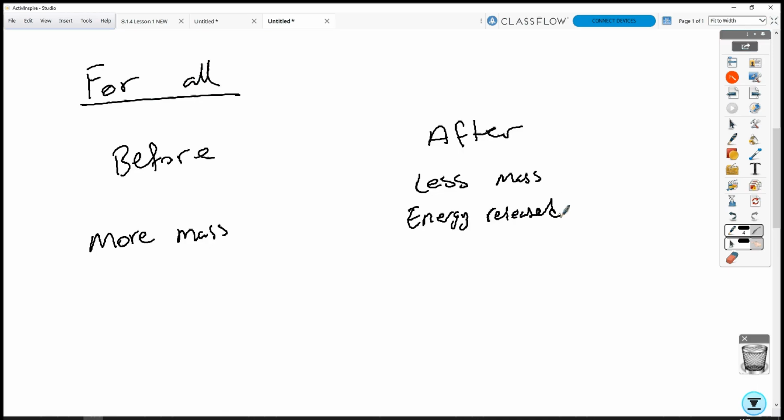The reason why that works is, again, because Einstein said, according to E equals mc squared, that mass and energy are interchangeable. They're basically the same thing. So mass can convert into energy, energy can convert into mass.